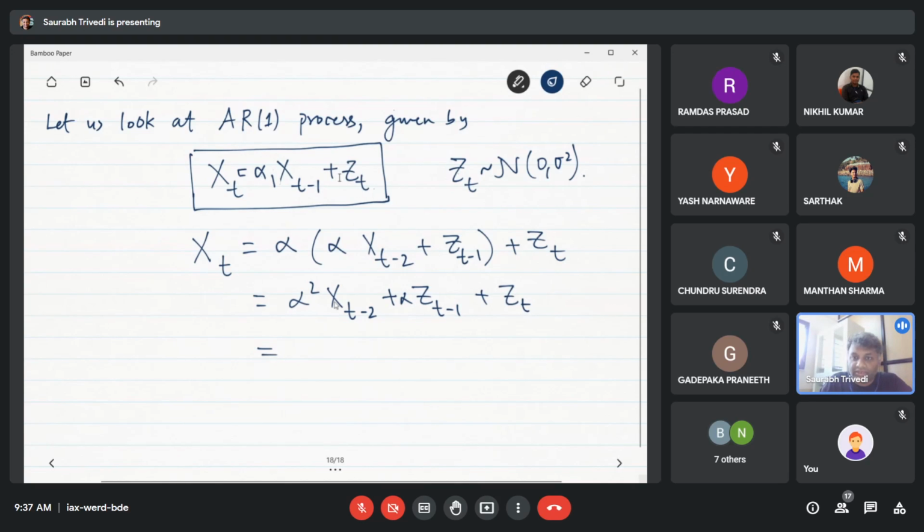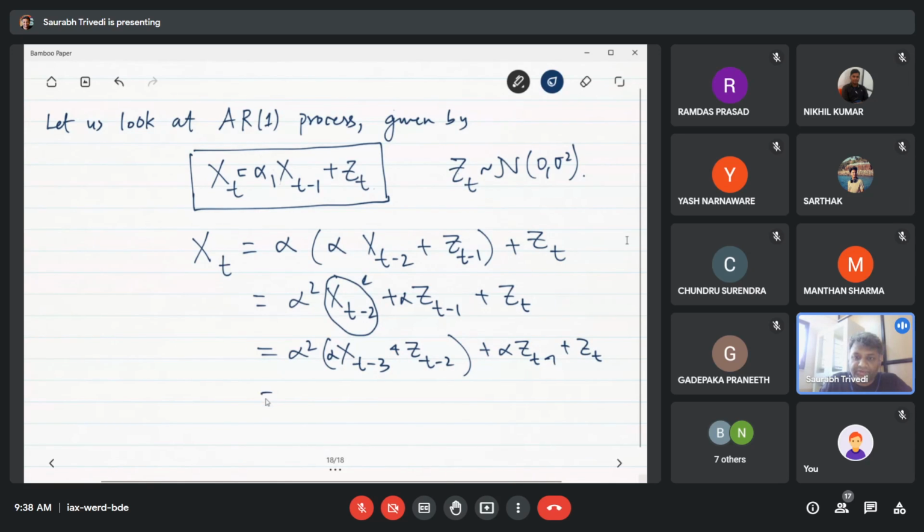And I can do the same thing again here. So I can replace this by alpha cube xt minus 3 plus alpha square zt minus 2 plus alpha zt minus 1 plus zt.